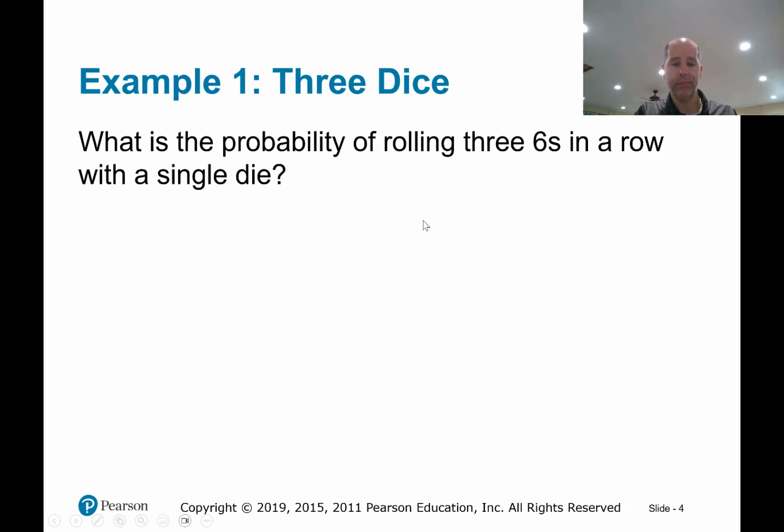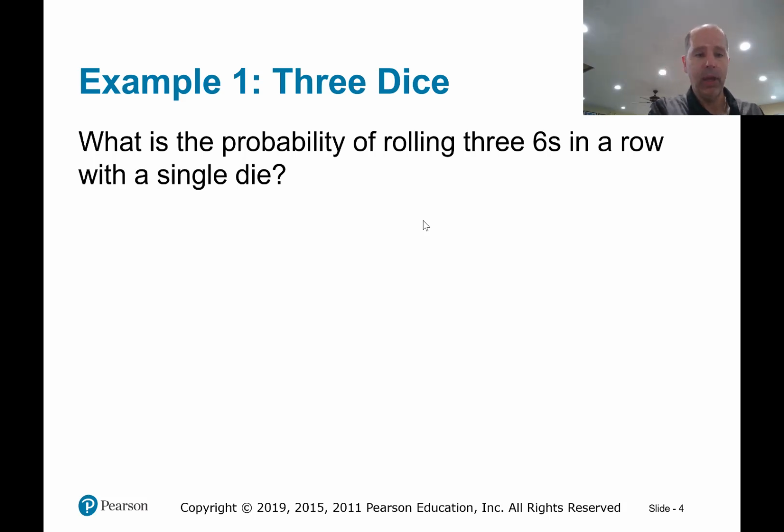Okay, so let's look at an example here. We're going to look at three dice. It says, what is the probability of rolling 3 sixes in a row with a single die? That means we're going to roll the die 3 times. Now here's the question: we want the probability of 3 sixes. How do we write that so that we can use this rule?